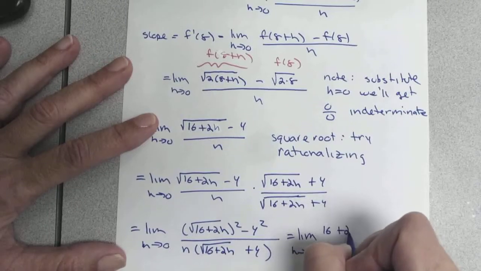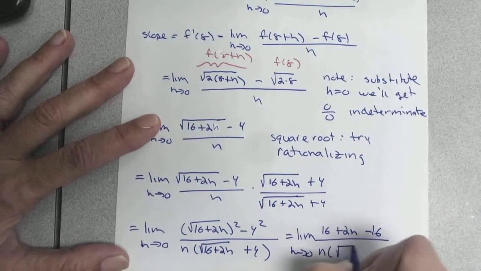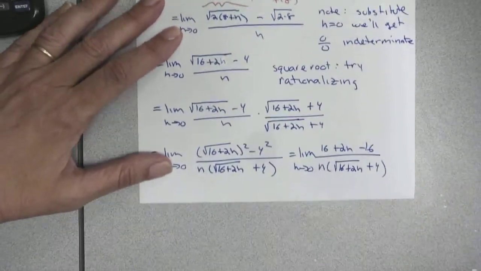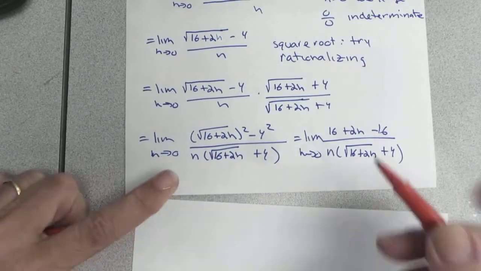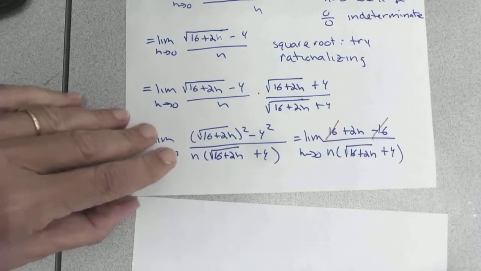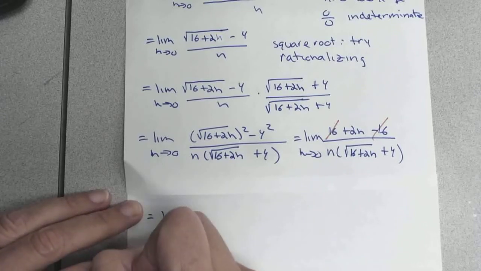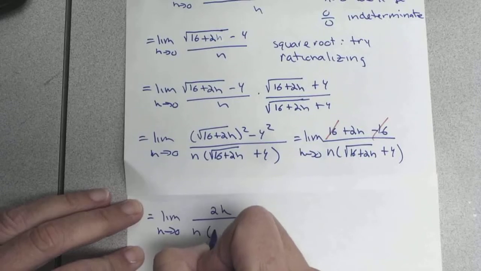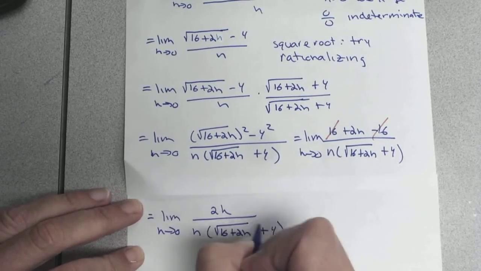So that's going to be 16 plus 2h minus 16 all over h times the square root of 16 plus 2h plus 4. Notice I get some excellent stuff canceling. 16 minus 16, those are gone. And so I'm down to the limit as h goes to 0 of 2h over h times the square root of 16 plus 2h plus 4.